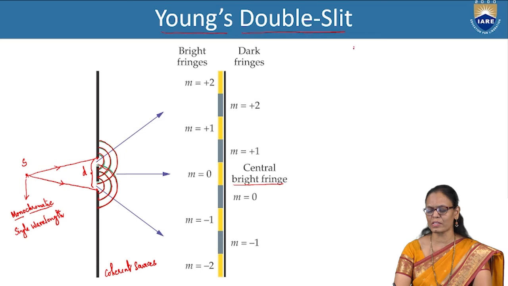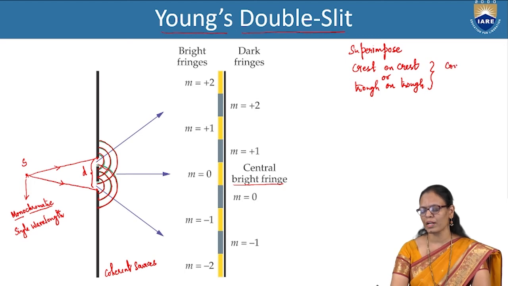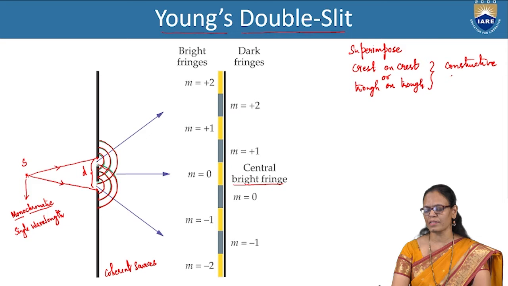So when these waves superimpose, if they are in phase, meaning crest falls on crest, or a trough falls on a trough, all those points will correspond to constructive interference.